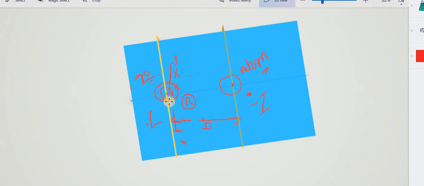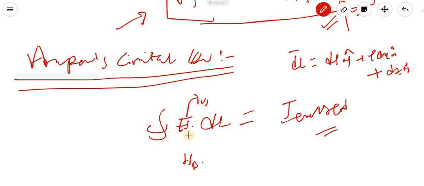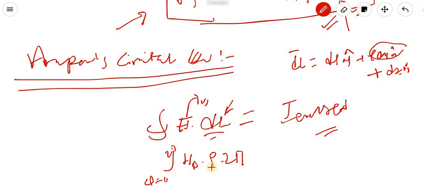For cylindrical, this direction means a phi. So the line element will be only rho d phi a phi, with phi going from 0 to 2 pi.